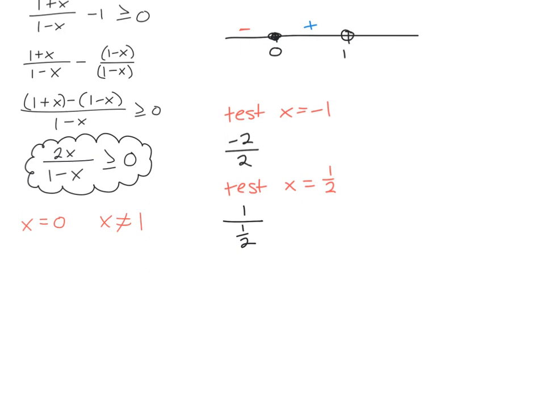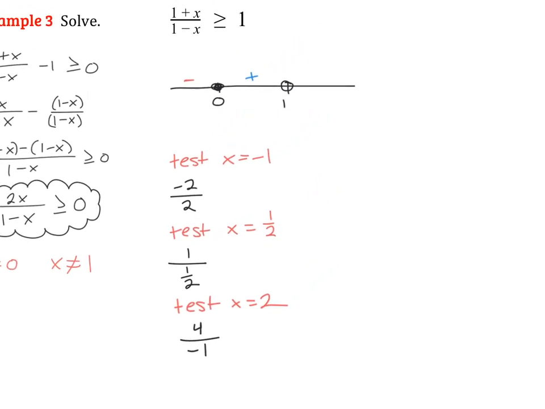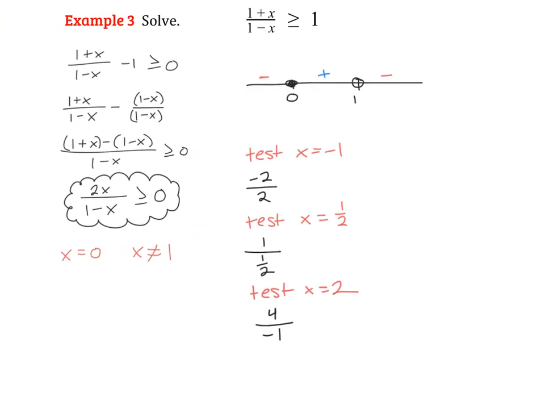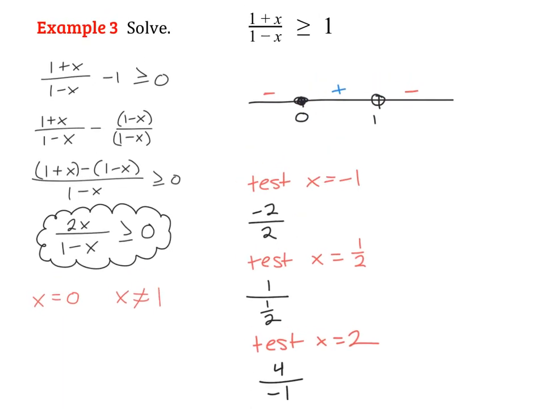And if I test, let's say x equals 2 for my last zone, I have positive 4 on the top and negative 1 on the bottom, which gives me a negative answer. So I can see that anything less than 0, my inequality is negative. Anything between 0 and 1, it's positive. And anything greater than 1, it is negative.